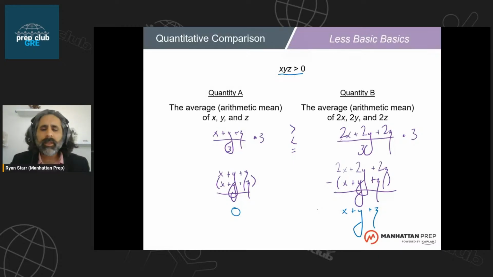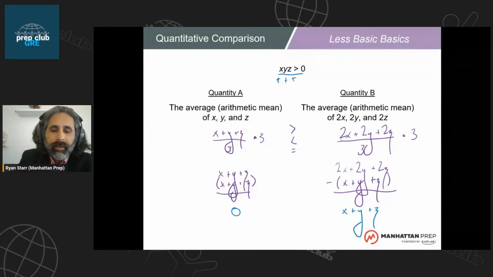Be heroes. In this case, no, not necessarily. X, y, and z individually can all be positive, right? If they are, that rule is honored, as it must ever be. So if it's positive times positive times positive, check. That gives you a value bigger than 0. And if that's the case, quantity B wins, right?